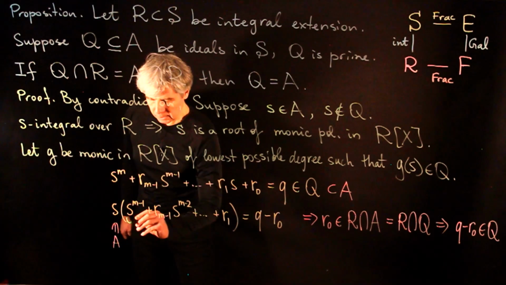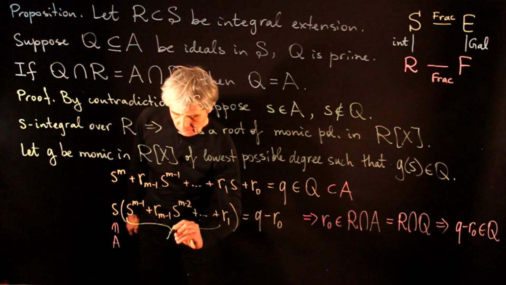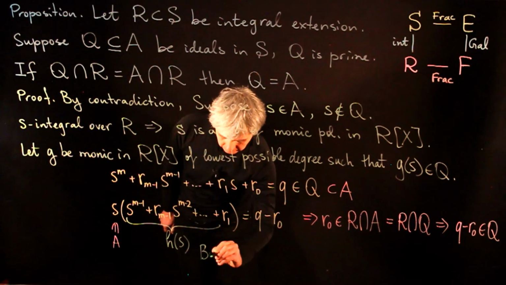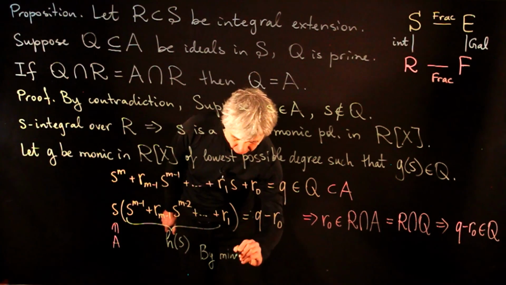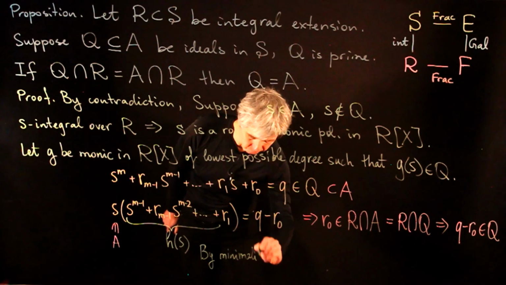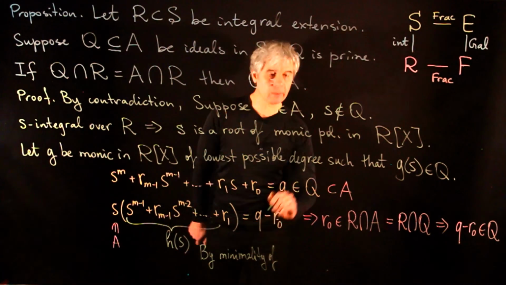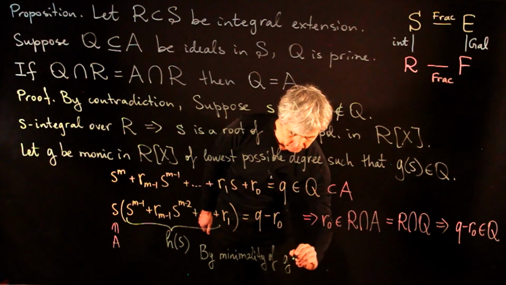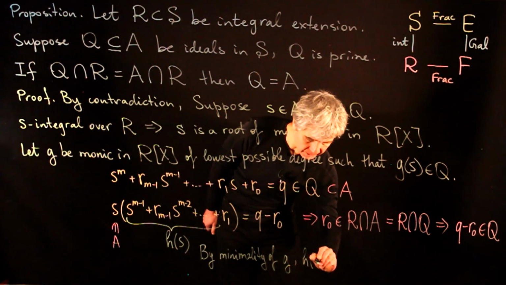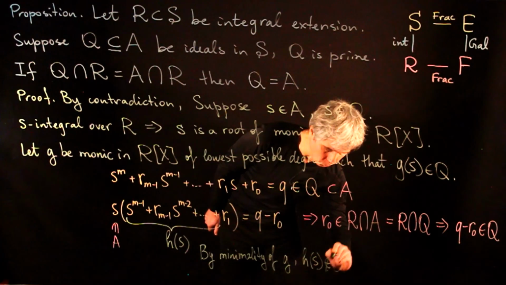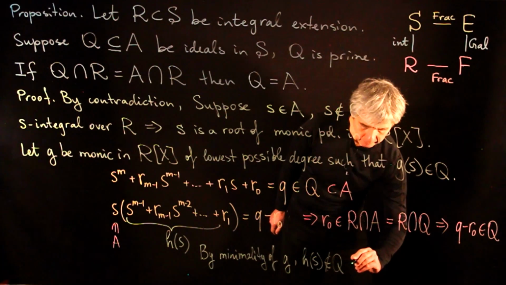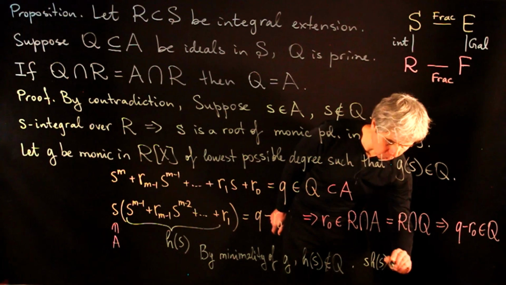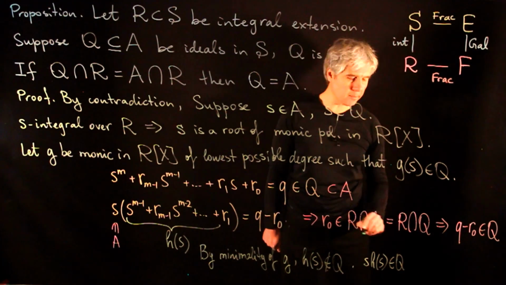If we denote this sum as h(s), then by minimality of the degree of g, we have that h(s) does not belong to Q. And here we have that s times h(s) does belong to Q. And Q is a prime ideal.